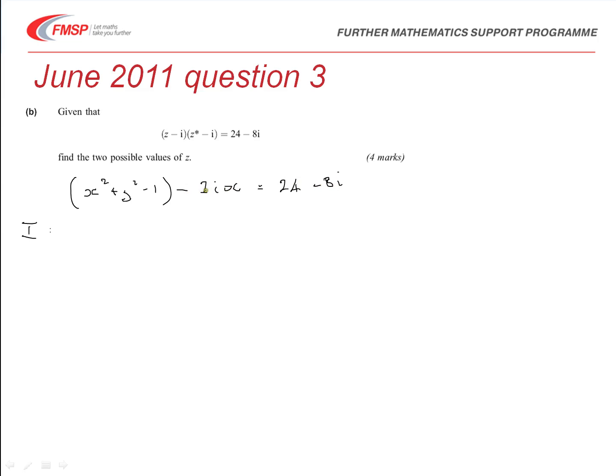Remember, when we compare the imaginary parts, the i's are in both parts, and it's the coefficients of the i's which is the imaginary part. So minus 2x equals minus 8. So that clearly tells us that x is equal to 4.